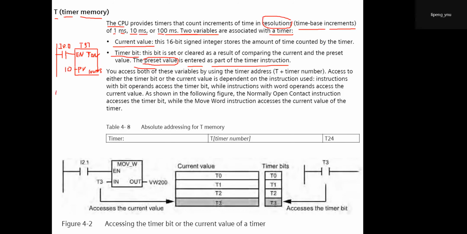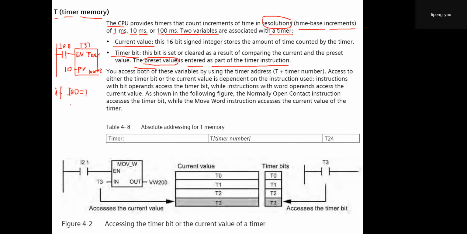It means if I0.0 equal 1 continuously, the time of I0.0 equal 1 is more than 10 times of 100 microsecond.